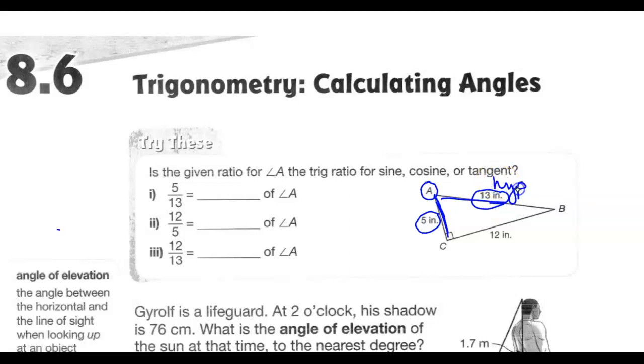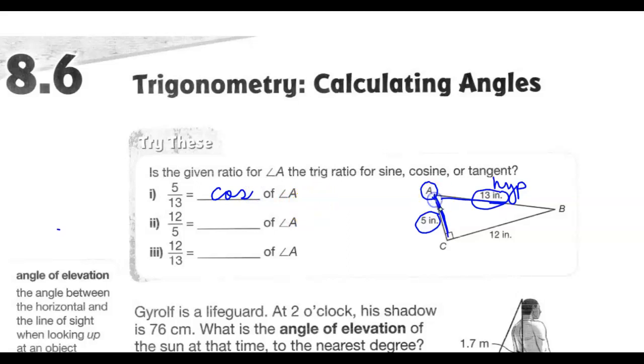So here, label the hypotenuse because that's never going to change. The opposite and adjacent depend on which angle you're looking at, but the hypotenuse is always the longest side. So now 5 over 13 for angle A is cosine because it's adjacent over hypotenuse. So that's the cos of angle A.